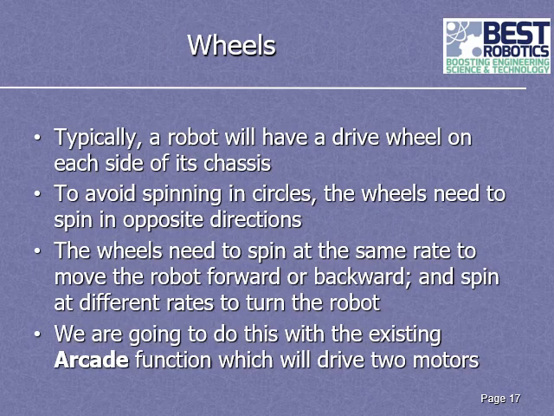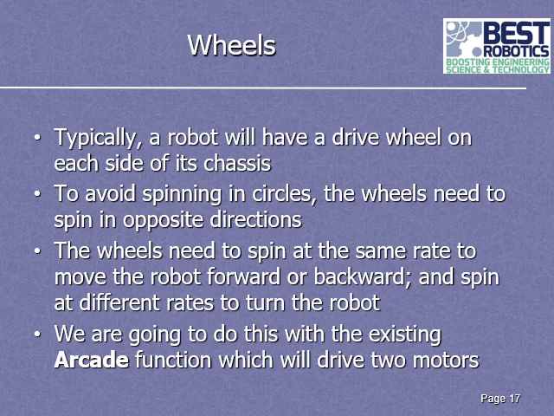This just leads us into the reasons why we're going to add the next function. Obviously, most robots are going to need wheels. And we're going to be using something called arcade mode, so that you can basically use a joystick to go forward and backward and left and right.